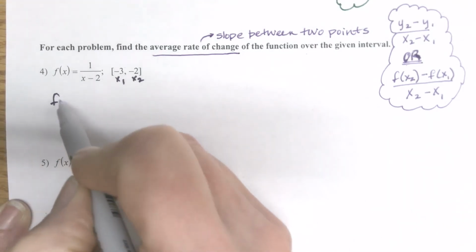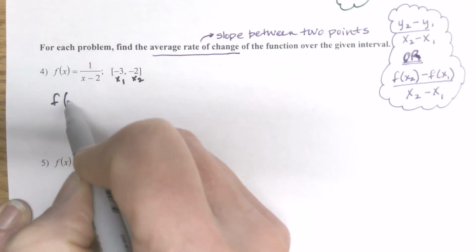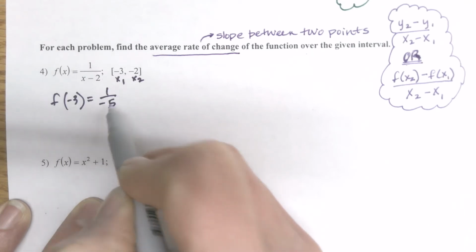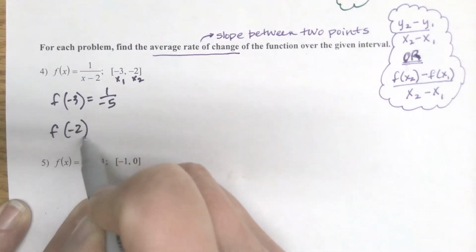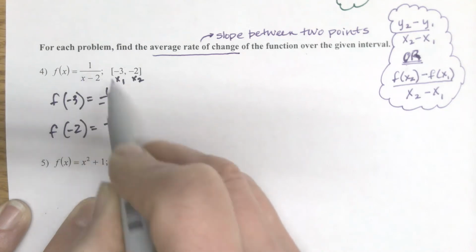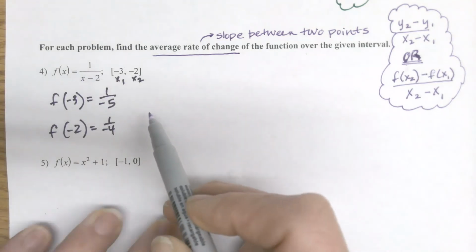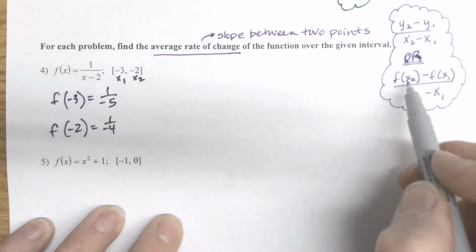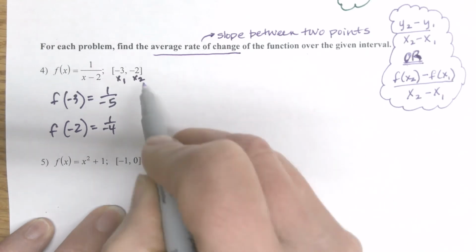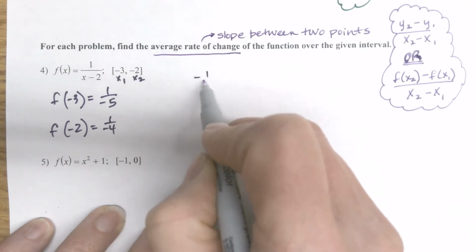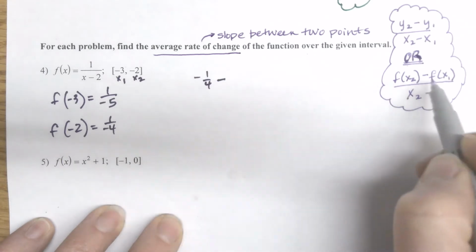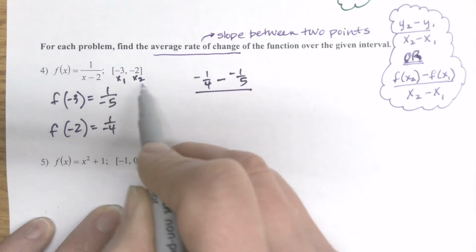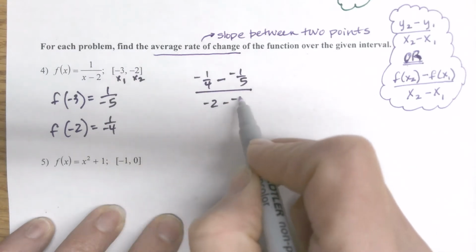So f of negative 3 is 1 over negative 5, and f of negative 2 is 1 over negative 4. And so when I plug it in to find my average rate of change, I would do f of x2, so that's that second one, negative 1/4 minus f of x1, negative 1/5 over, and then I do my x values, negative 2 minus negative 3.